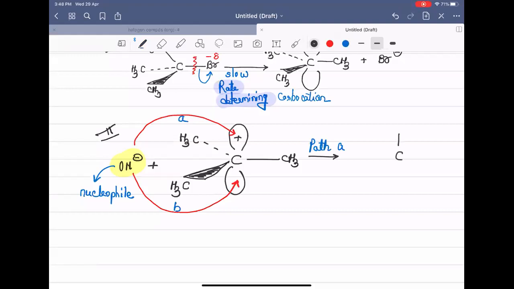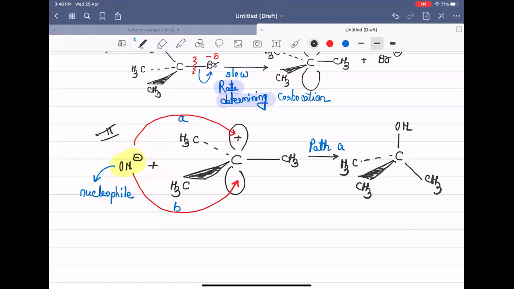Because OH comes from the top, you have CH3 going like this, and all the bonds flipping onto the lower side. This is CH3, and this is CH3, right?